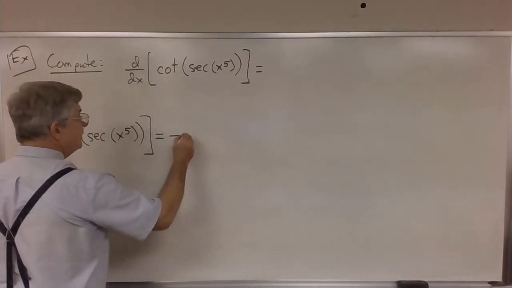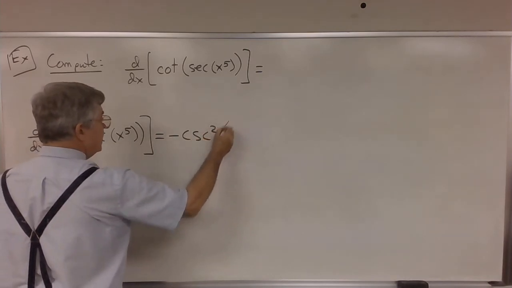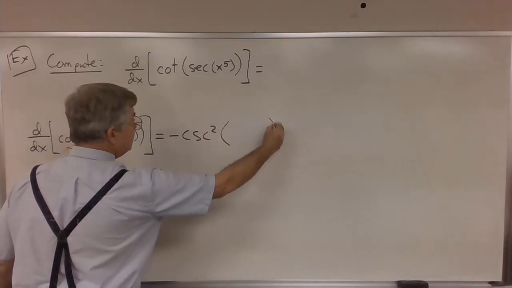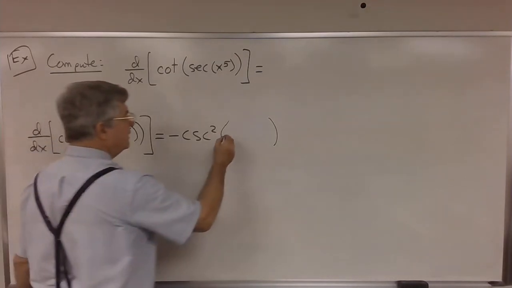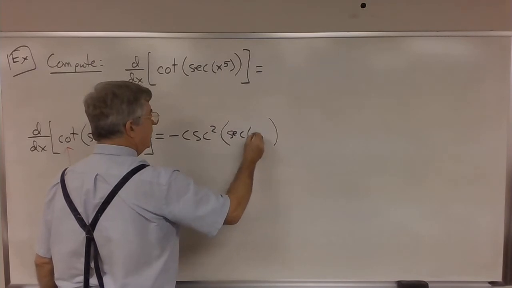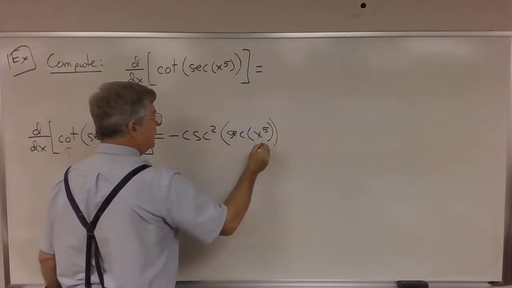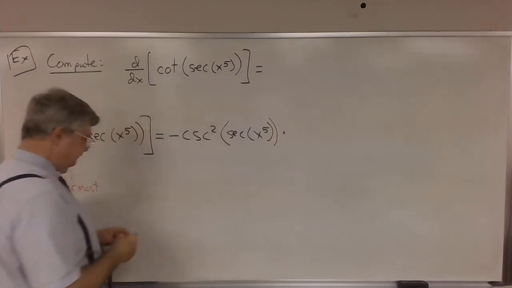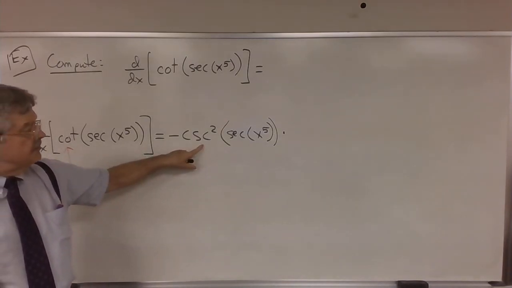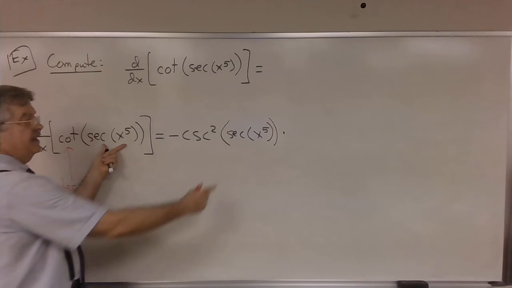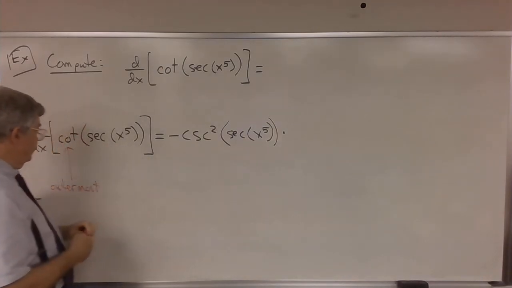So negative cosecant squared evaluated at the inner function, secant x to the fifth. Okay.